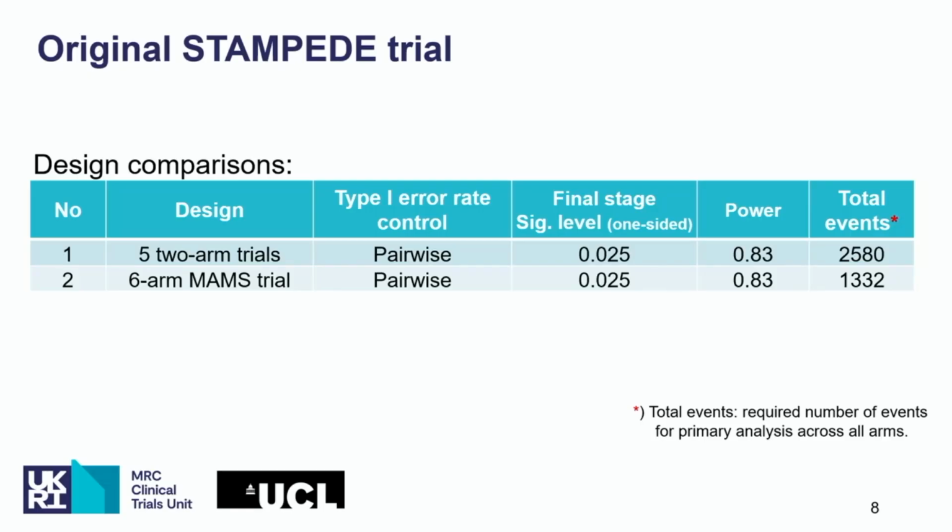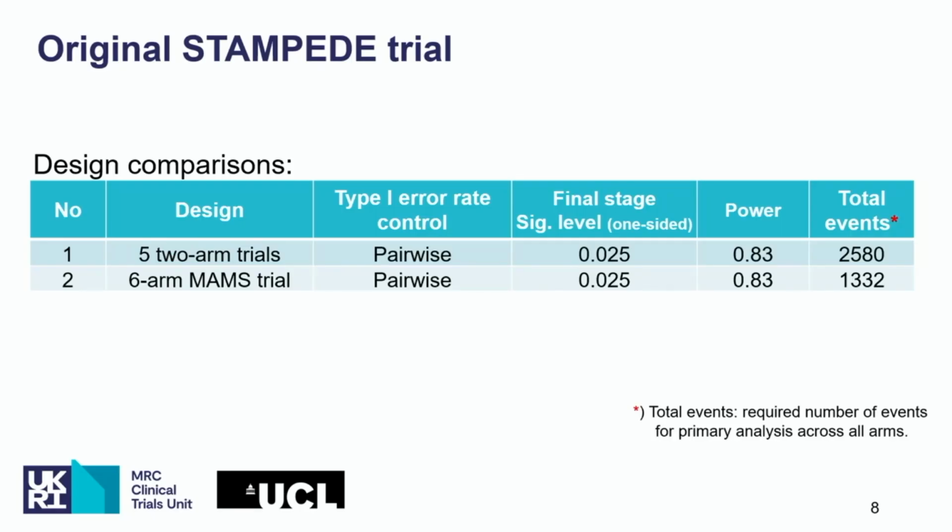If you see a p-value of less than this, then you claim efficacy. To run the original Stampede as 5 separate two-arm trials, you need 2,580 events across all research and control arms to get a power of 83%.